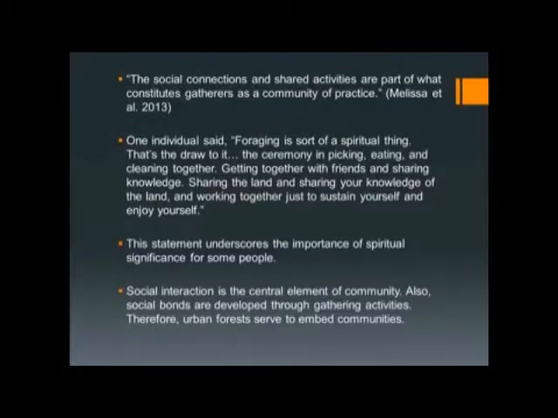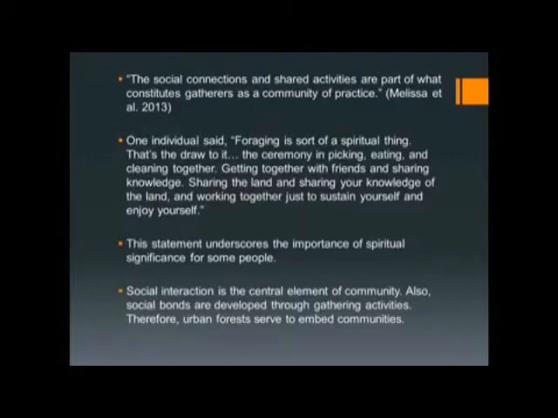One individual said that foraging is a sort of spiritual thing that draws to it the ceremony in picking, eating, and cleaning together. Getting together with friends and sharing knowledge, sharing the land and sharing your knowledge of the land, and working together just to sustain yourself and enjoy yourself. This statement underscores the importance of spiritual significance for some people.